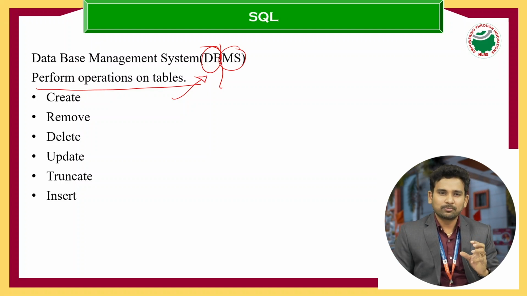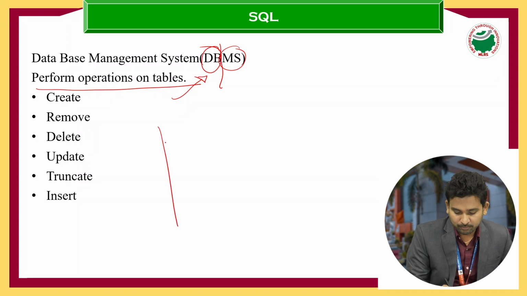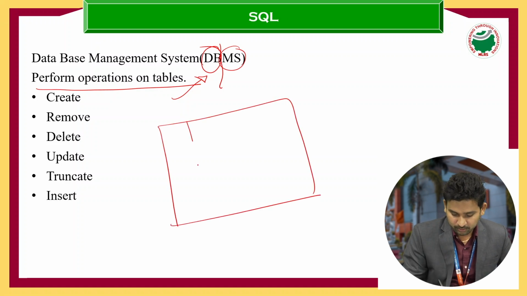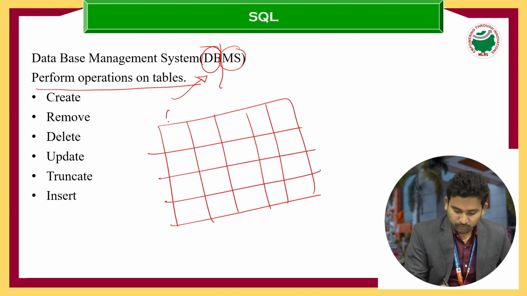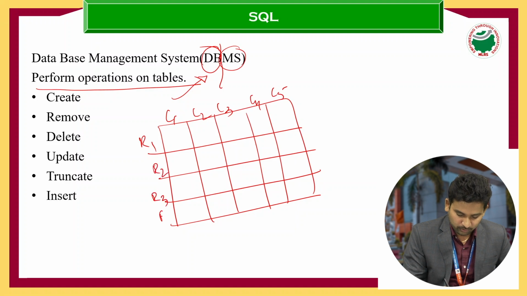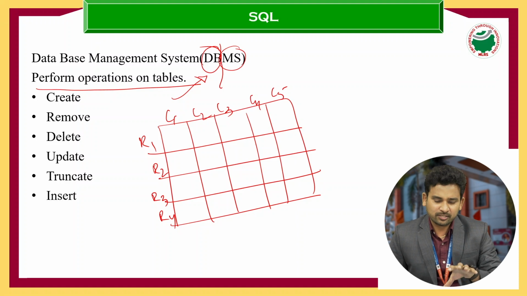For example, on this table we have columns C1, C2, C3, C4 and C5, and rows R1, R2, R3 and R4 and so on. This is the existing table.